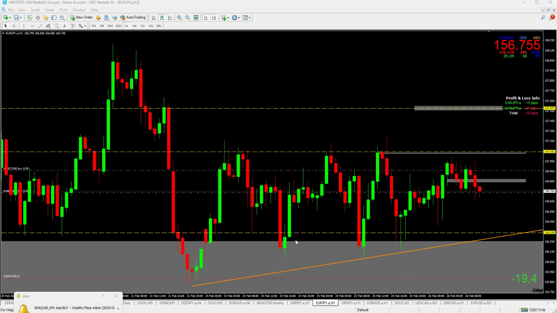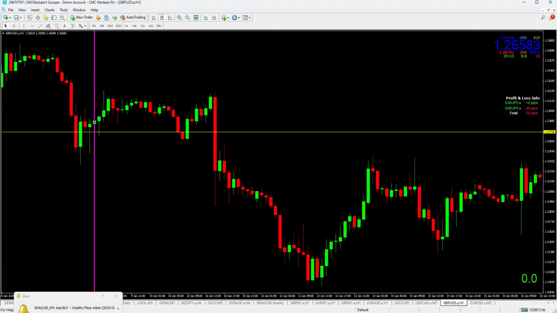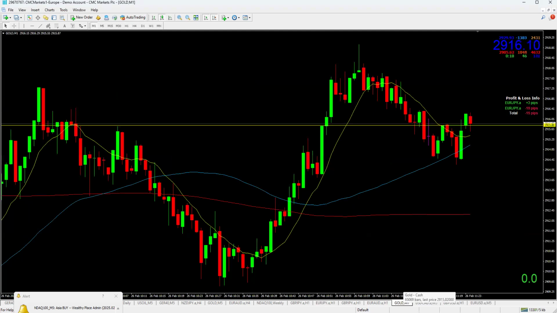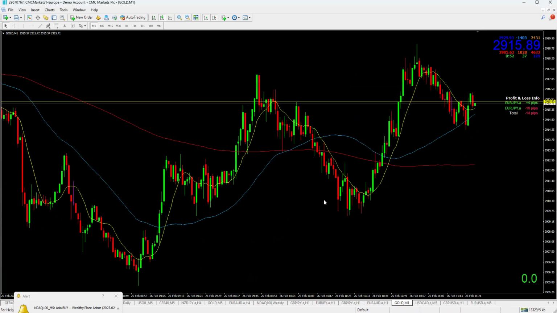All right. Since we're here now, it's still the morning session. I prefer to trade the London session. Let's quickly see if we can find any trades, possibly the ones that match this criteria. We can see gold on the 1 minute time frame is in an uptrend.